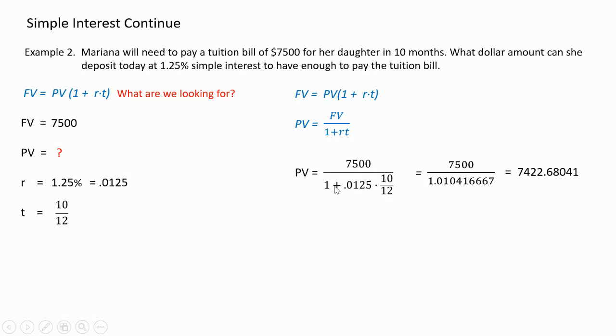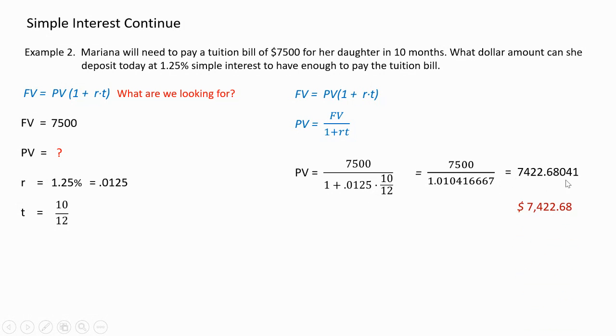But anyway, on the bottom right, all we do is plug it in just the way it is: 1 plus 0.0125 times 10 divided by 12, and it's going to give us 1.0104166667. Then if we divide the 7,500 by the denominator, it's going to give us 7,422.68041.